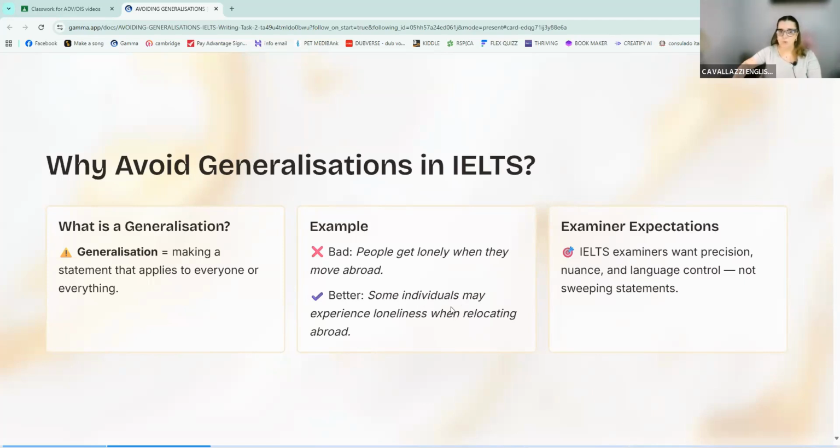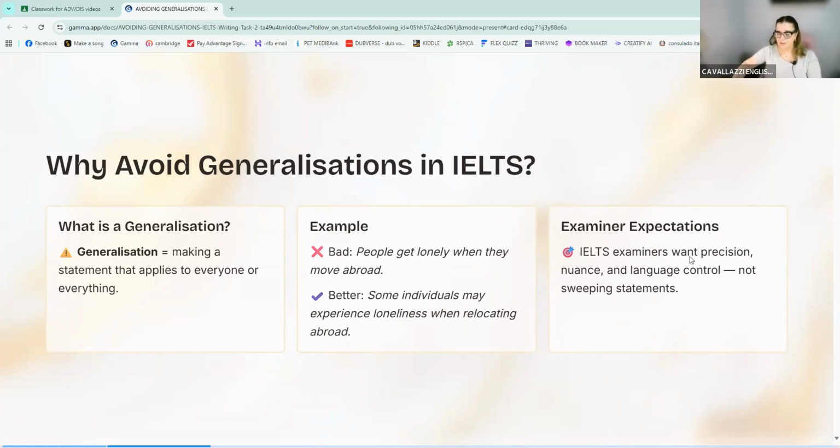Some individuals, now I'm already saying that not everyone, just some of them, may experience loneliness. Here, this may is also avoiding generalization. It's one of the techniques used to avoid generalization. And I'm talking about a statement in the sentence that not everyone does what I'm claiming, okay? Not everything either.